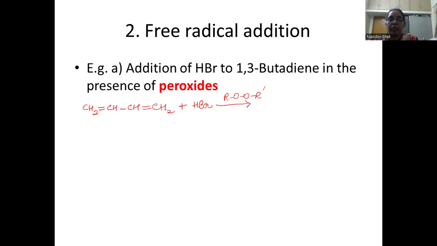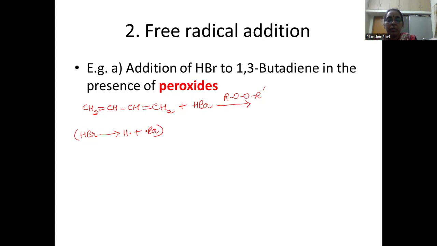So HBr will be easily converted into H and Br radical. So I can write that step here, radical initiation, gives H and Br. This is the first step.